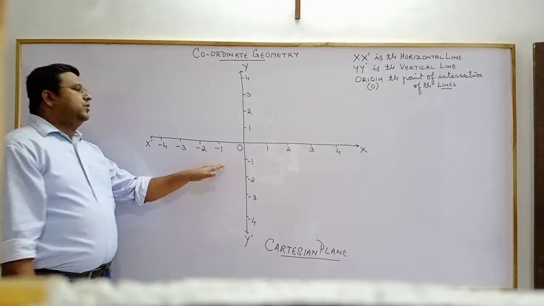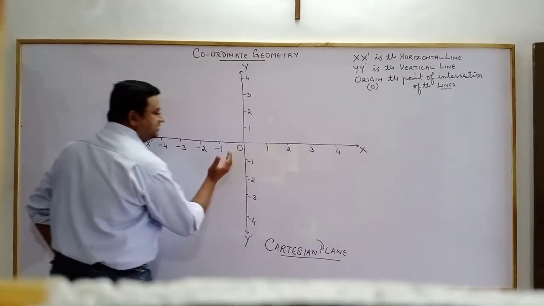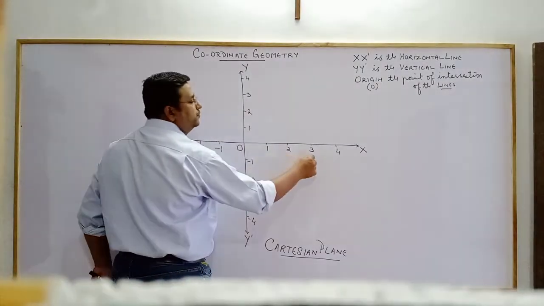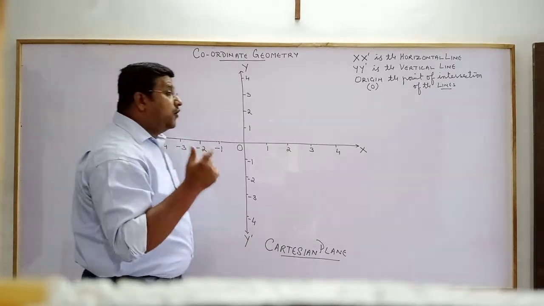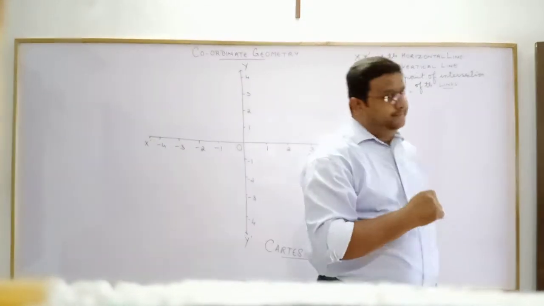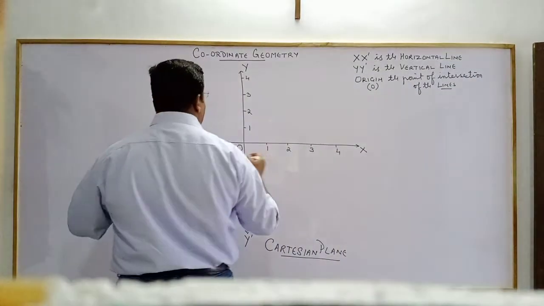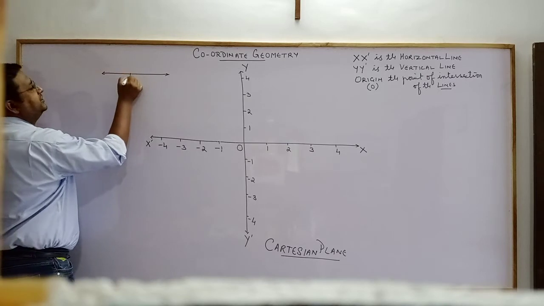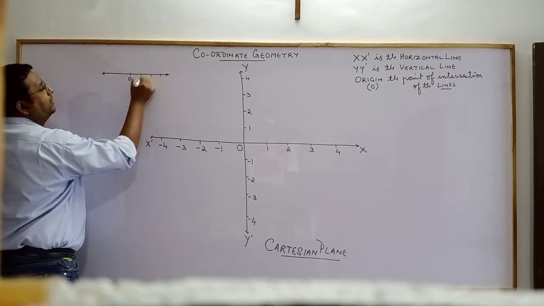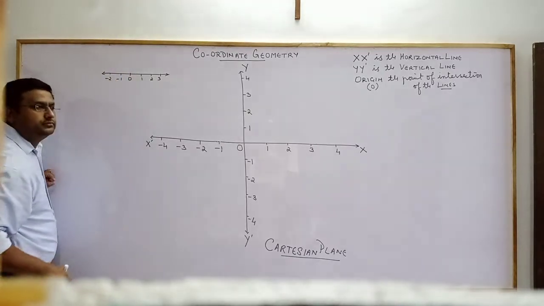You can see on these lines that one side is positive and the other side is negative: +1, +2, +3, +4, -1, -2, -3, -4. It reminds you of the number line. On the number line we draw a horizontal line: 0, 1, 2, 3, and -1, -2, and so on.